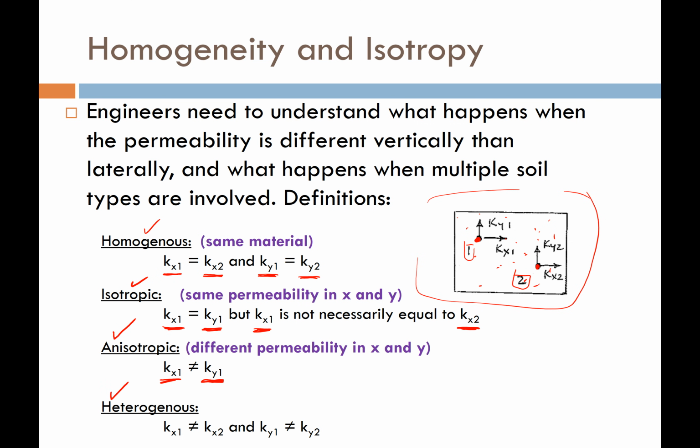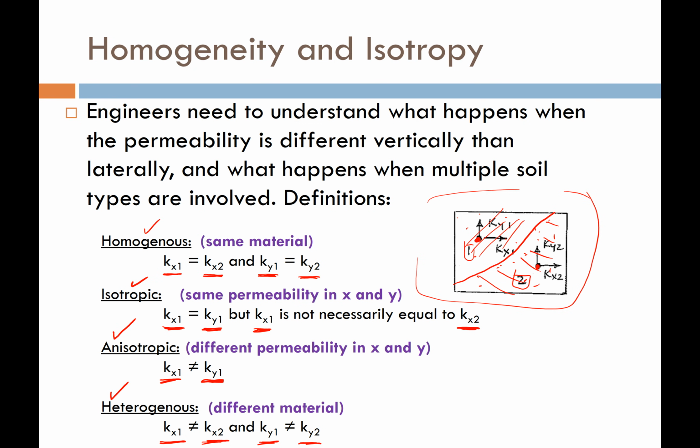Now, if we call the material heterogeneous, what we're basically saying is that the horizontal conductivity at point 1 is not equal to the horizontal conductivity at point 2, and the same for the vertical conductivities. We're basically saying that there is definitely a difference in material between point 1 and point 2.